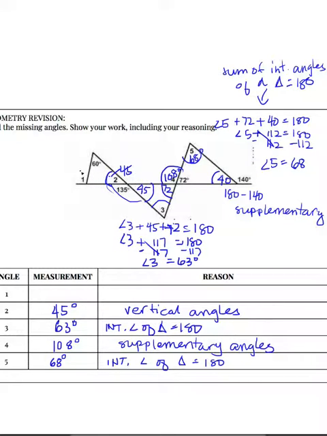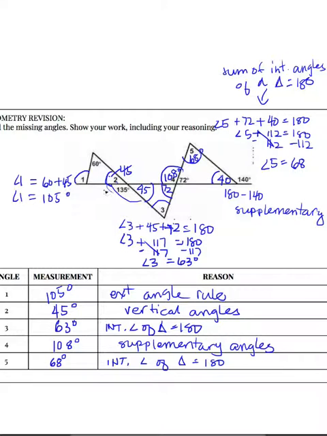Number one, you can use the external angle rule, or you can use the internal angles of a triangle. So let's use the external angle rule first. It says the external angle is equal to the sum of the internal angles. So angle 1 is equal to 60 plus 45. Angle 1 equals 105 degrees because of the external angle rule.